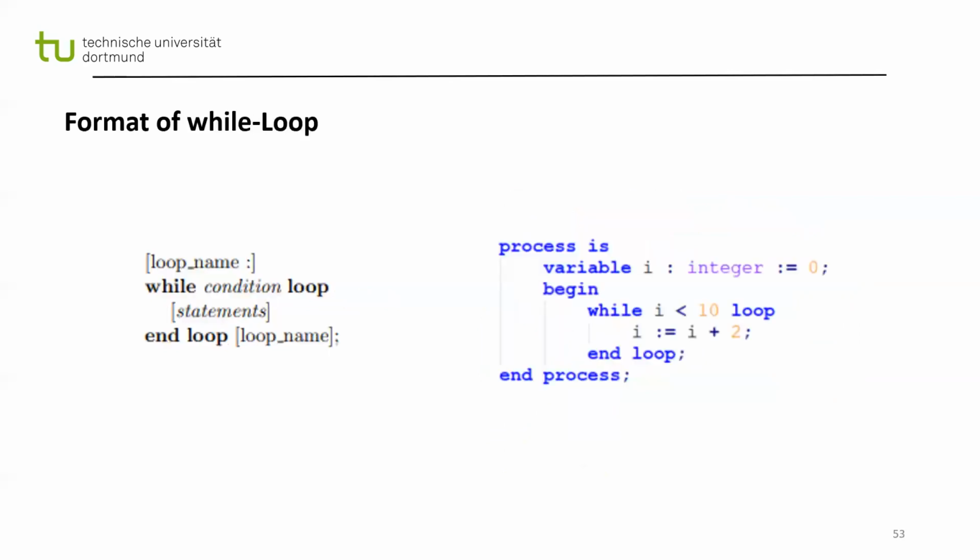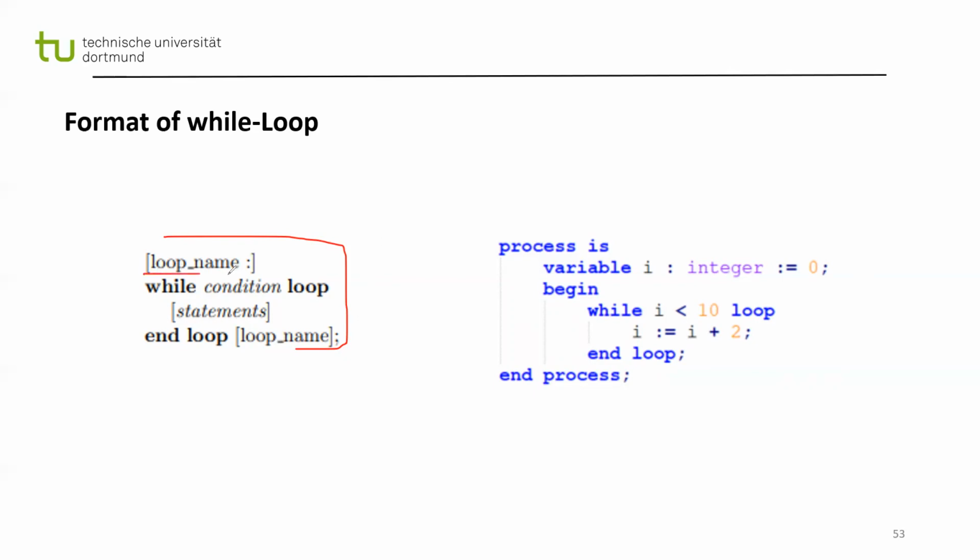We also have a while loop. On this slide, on the left the format of a while loop is shown, while on the right there is a small example of a while loop implemented.